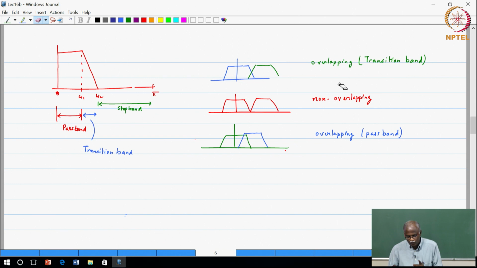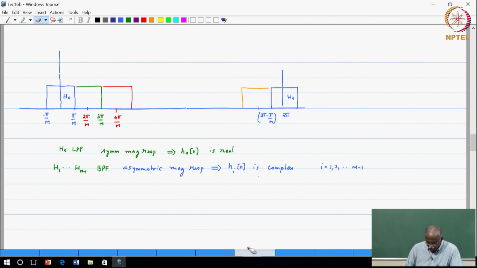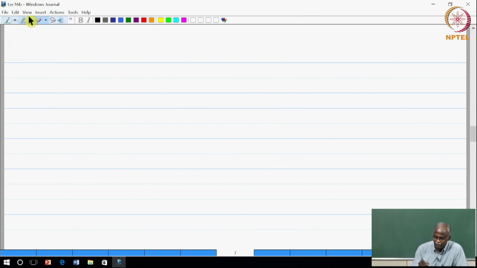Occasionally you may want them to be non-overlapping, or you may want them to have a significant amount of overlap. Both of these are possible, and based on the application you may design it as follows. Let me just answer one of the questions that came up after class, and that probably will answer questions others are also having. Okay.